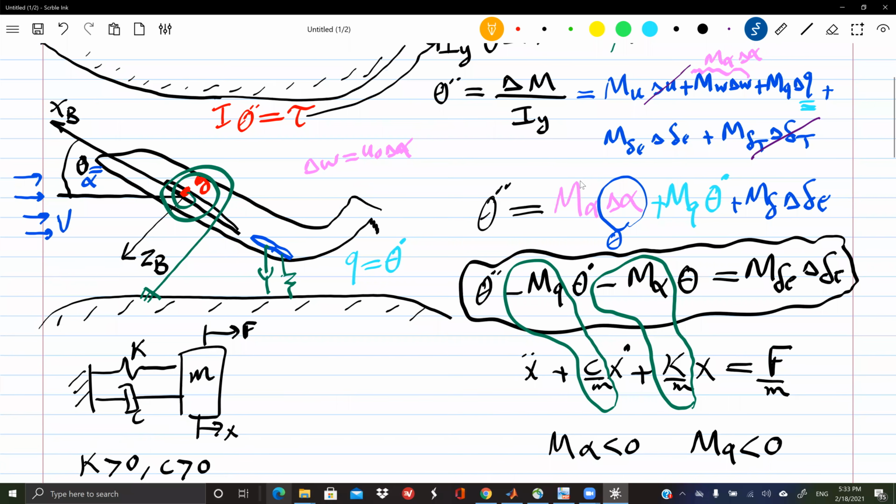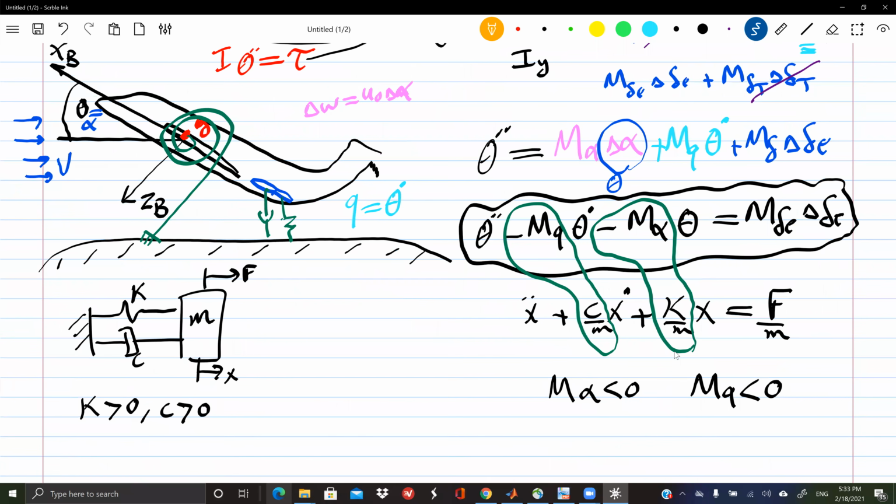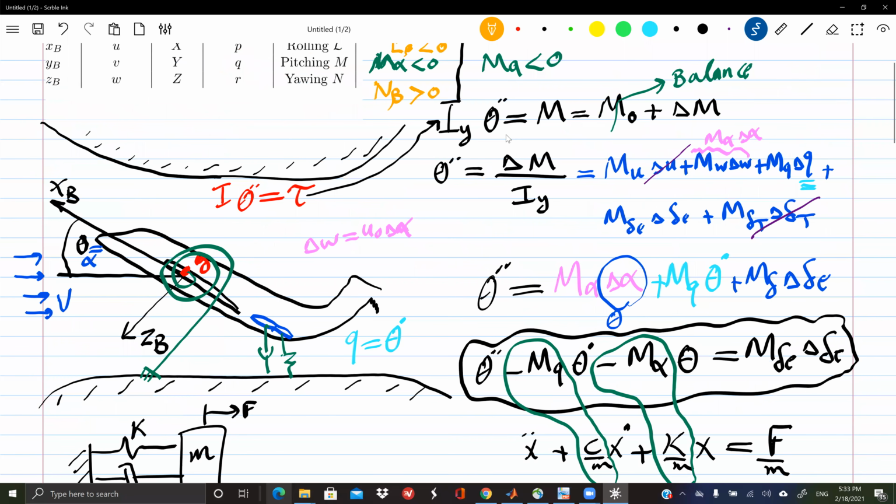So this is spring or stiffness, force due to displacement. What about damping? It's a force due to velocity. It's not displacement, it's multiplying by x dot now. So it's a force due to velocity or a moment due to angular velocity. This is why here it's moment M due to angular velocity q in the same direction, the pitching moment due to pitching angular velocity. So this is pitch damping. M q is my pitch damping.